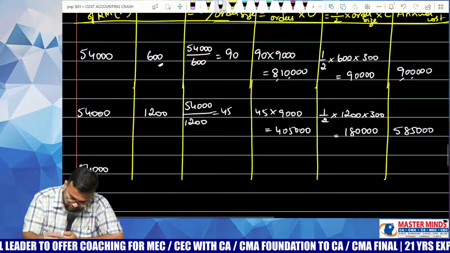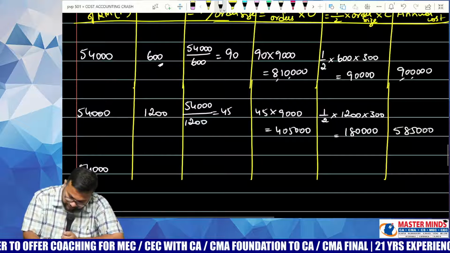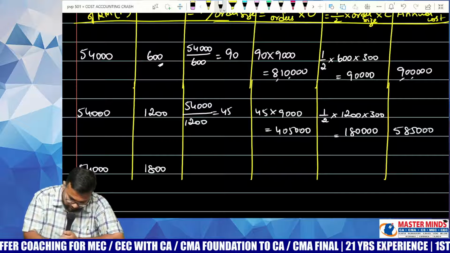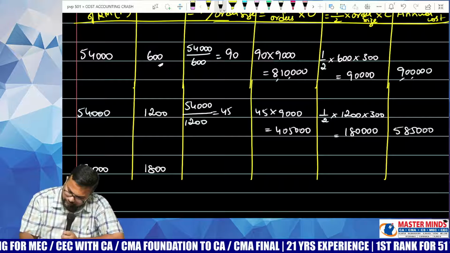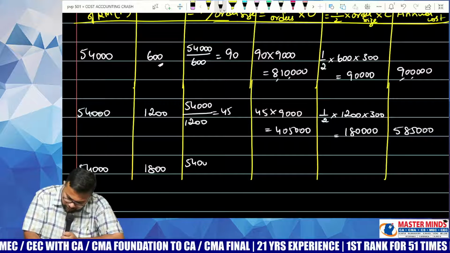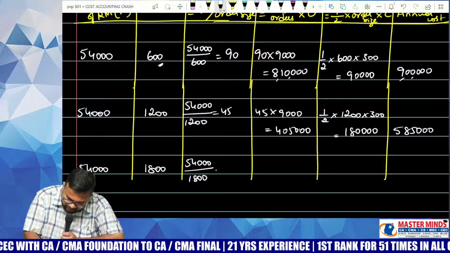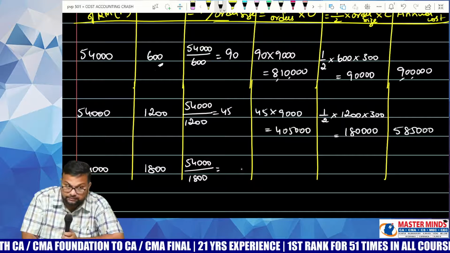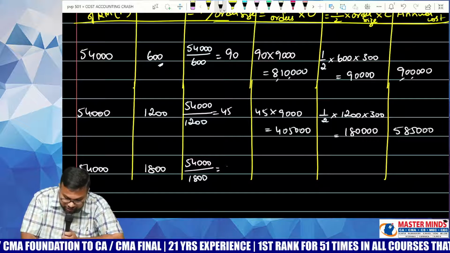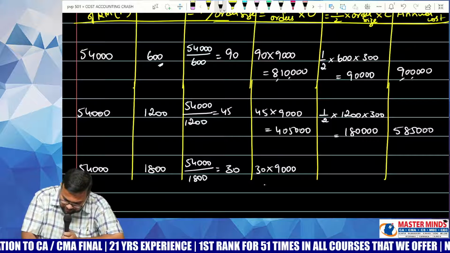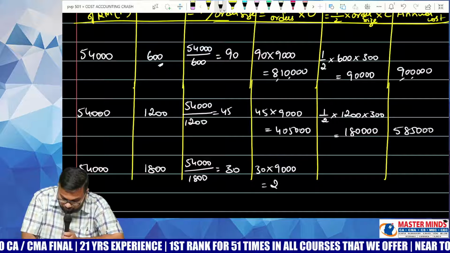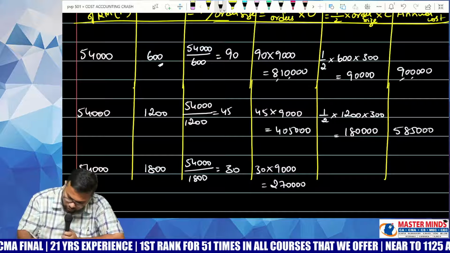54,000. This time it will be 1800. So 54,000 divided by 1800, how much is it? 30 orders. So 30 into 9,000, how much is it? 2,70,000.